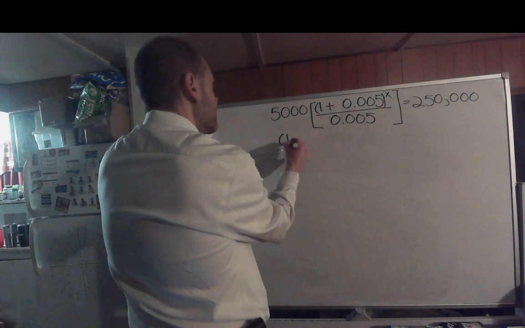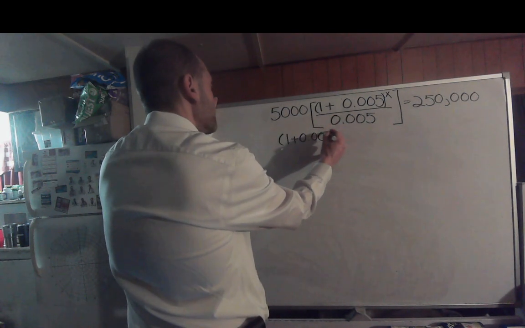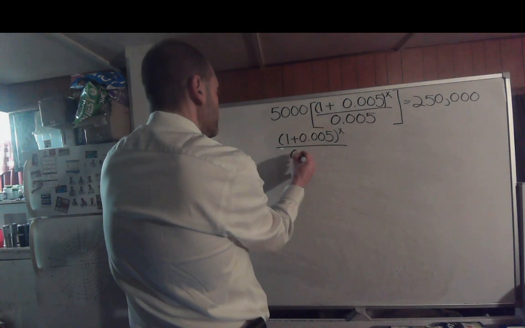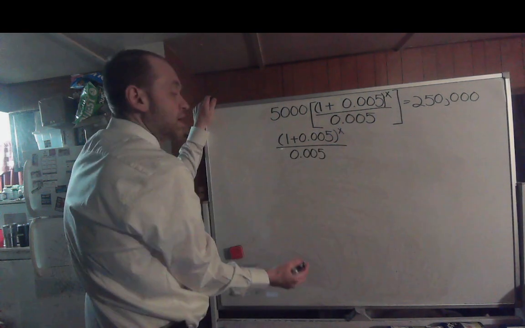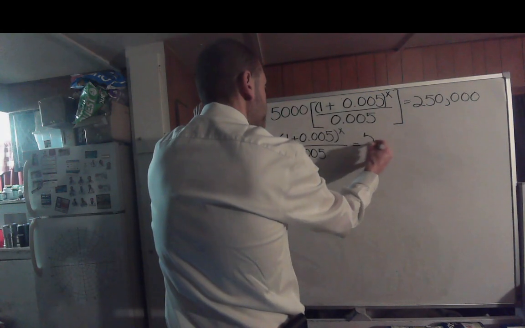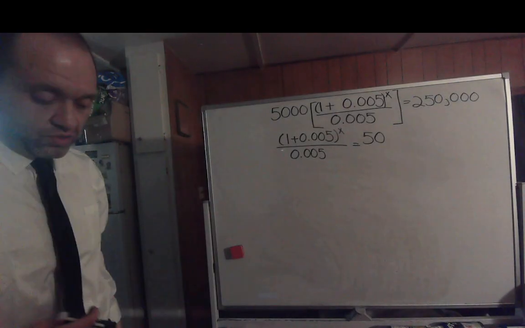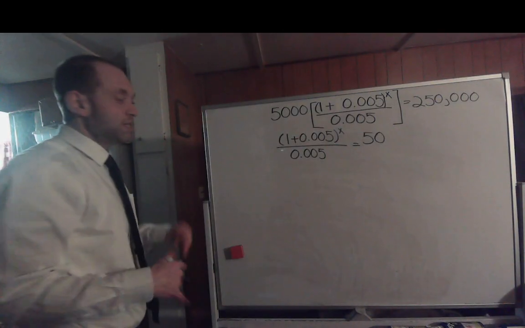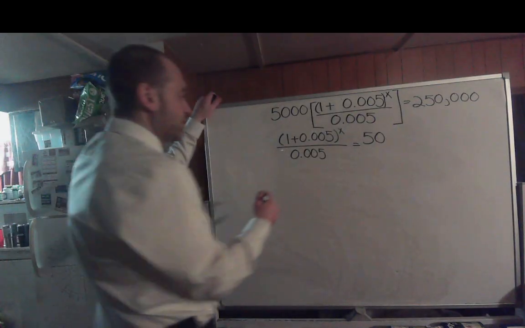So this would turn into 1 plus 0.005 to the x over 0.005 equals 50. Much easier to work with. Now, of course, you probably want to get that numerator term by itself. Let's simplify the parentheses in the numerator.